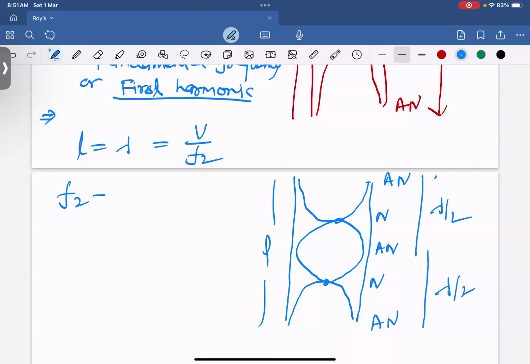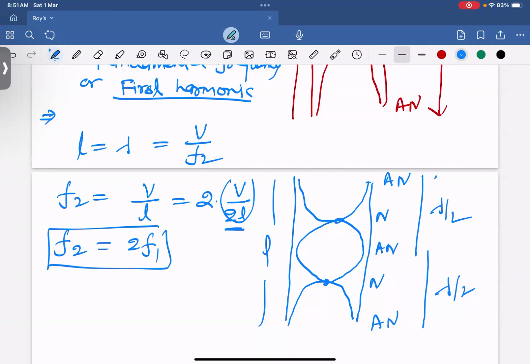So F2 becomes V by L. I can write it as 2 times V by 2L, because I know that V by 2L is the fundamental frequency. So F2 equals 2 times the fundamental frequency. The second frequency we are getting is the second multiple of the fundamental frequency, so we call it the second harmonic.